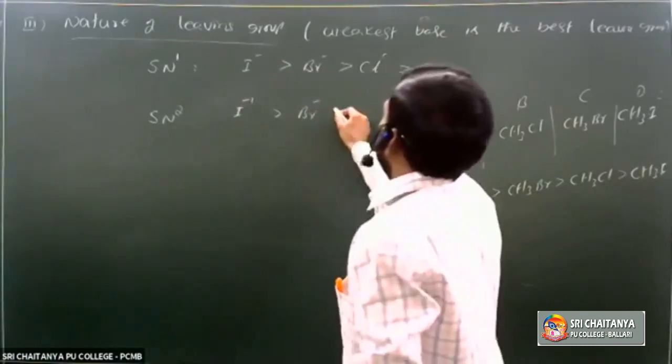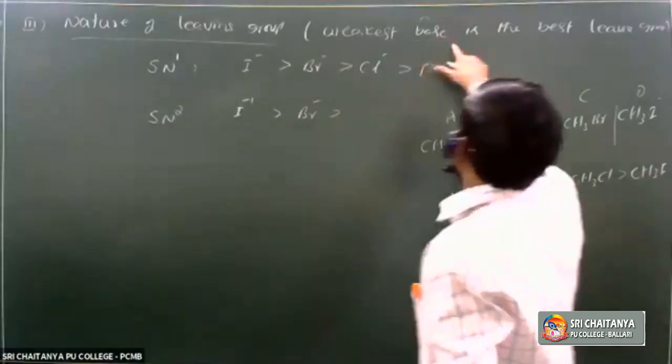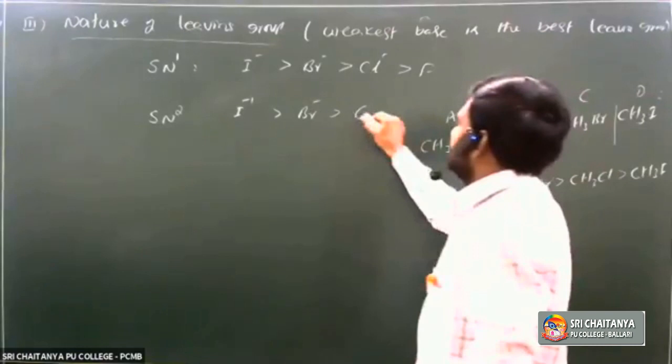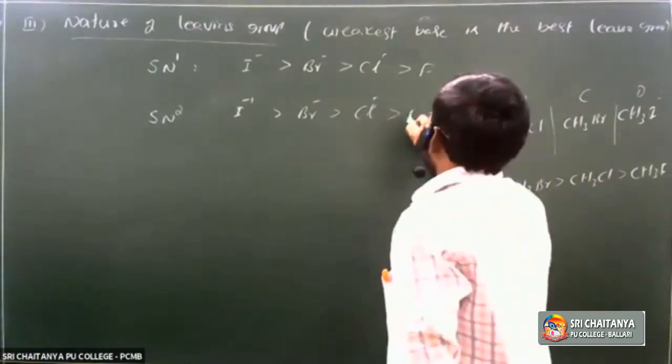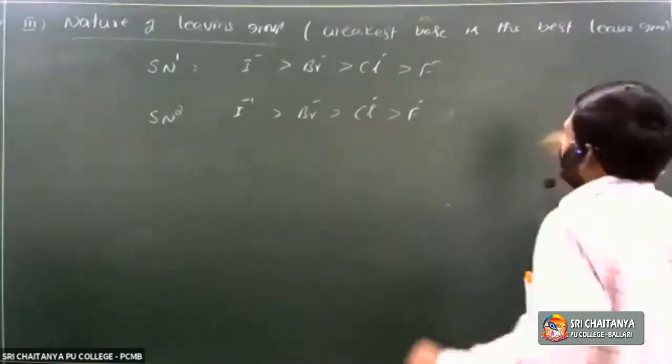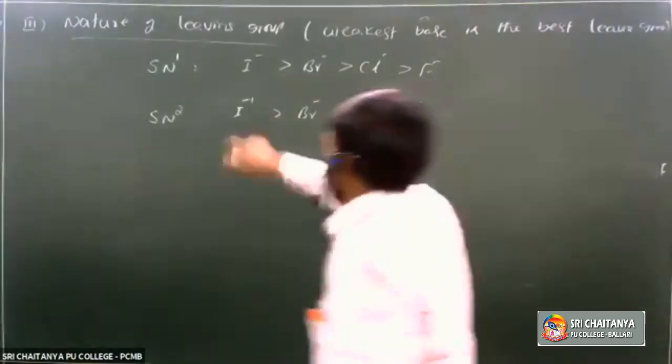The weakest base is the best leaving group: I minus, then Br minus, then Cl minus, then F minus. So this is the nature of the leaving group, considered as the weakest base.